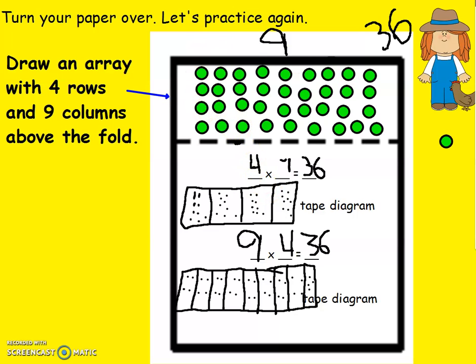Because you can turn the array model, and you can look at it from different directions, like this. Can you turn the tape diagram to look at it from a different direction? You can, but it doesn't do anything. So that's how you can turn and look at an array model from a different direction, but you can't turn the tape diagram.